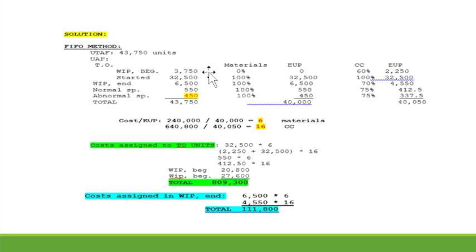WIP beginning is 3,750, right? To compute the equivalent units of production, the question is always: what percentage of materials did you add on that particular WIP beginning?